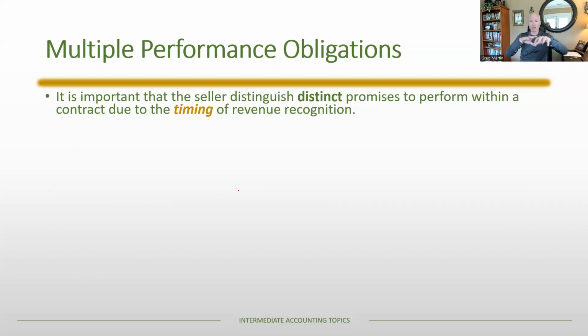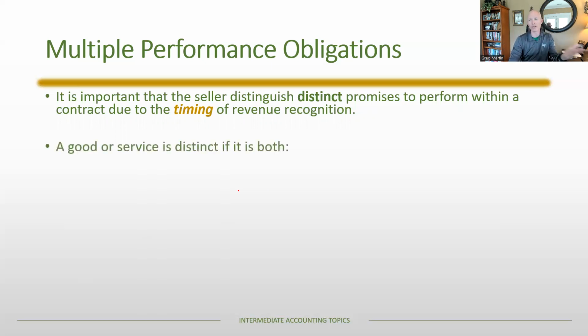In other words, if the entire project is one massive performance obligation, well, everything kind of gets jumbled up into that one. But if I have distinct performance obligations, as I recognize each one, I would recognize revenue for that portion. So it can change the timing of revenue recognition depending on whether you view everything as one performance obligation or whether you think they are distinct.